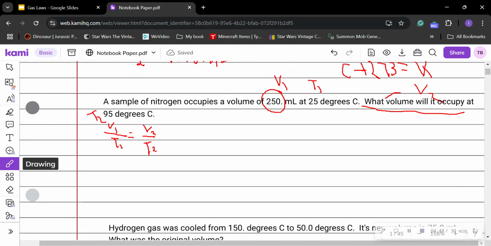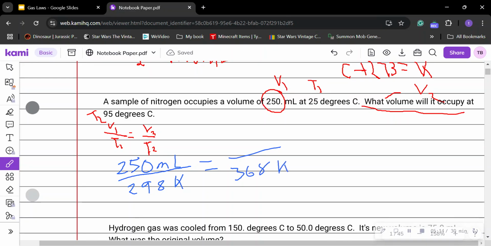So we first would have our 250 milliliters over, and 25 plus 273 is 298 Kelvin, equals 95 plus 273 is 368 Kelvin. Looking for V2, oh, wrong variable.